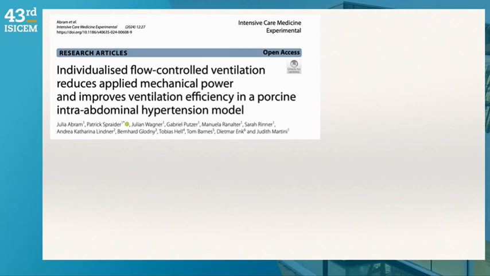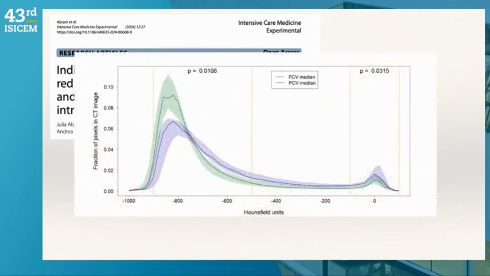And this is the last study in animals, published quite recently this year, in a porcine model of abdominal hypertension, which you can compare to, for example, robotic surgery or laparoscopic surgery. They noticed again that even in high intra-abdominal pressure, what you get is less collapse and a better aerated lung.